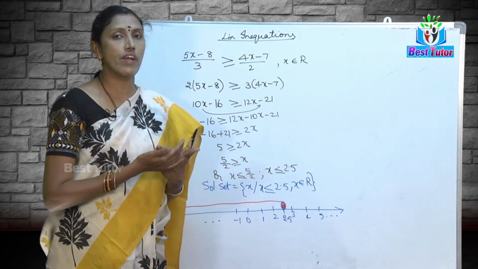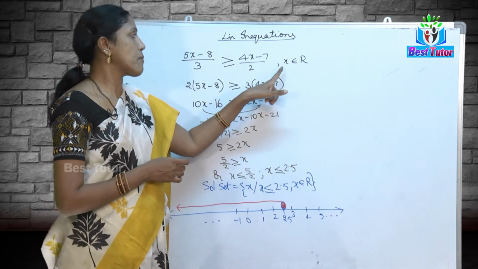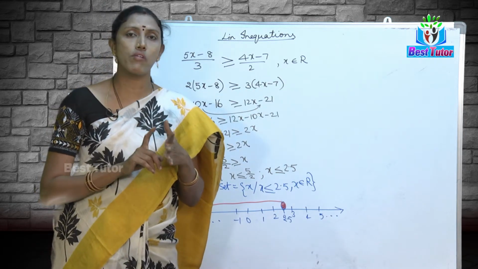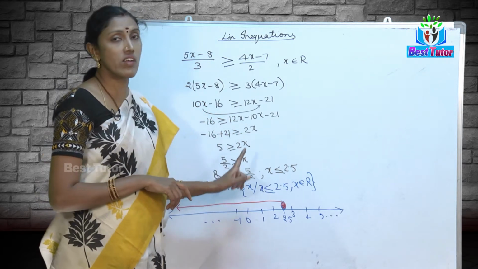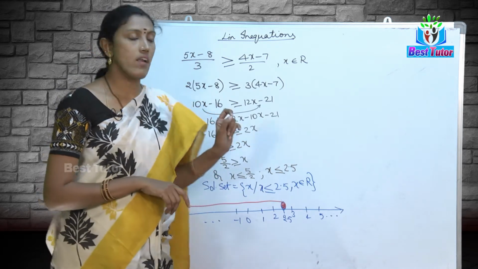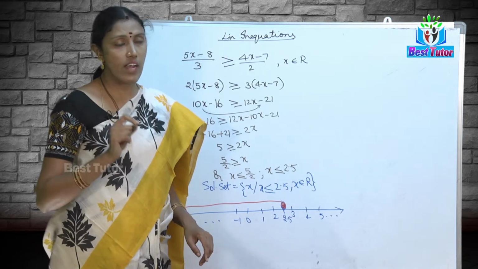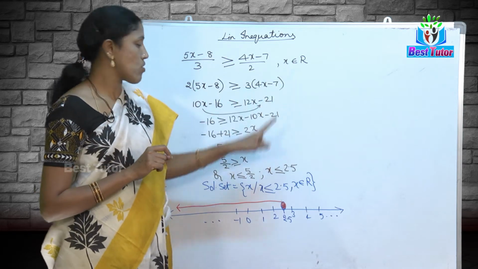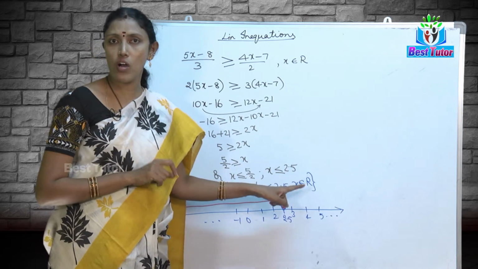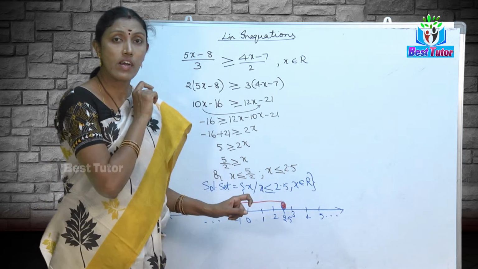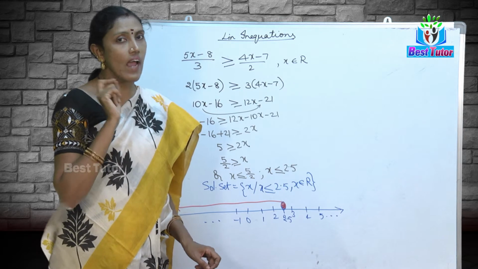In the earlier videos where we have observed replacement set is natural numbers or whole numbers or integers, solution set was written in roster form, and the number line had individual numbers which were highlighted. It is not the same with the case of real numbers. Solution set is in set builder form, and in the number line we have a continuous line. We are not going to highlight each and every number.